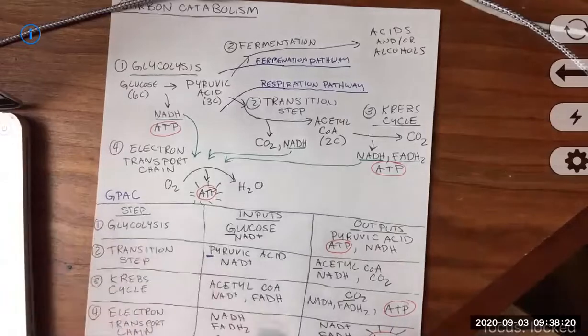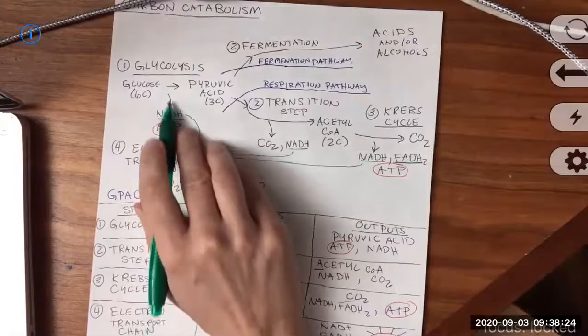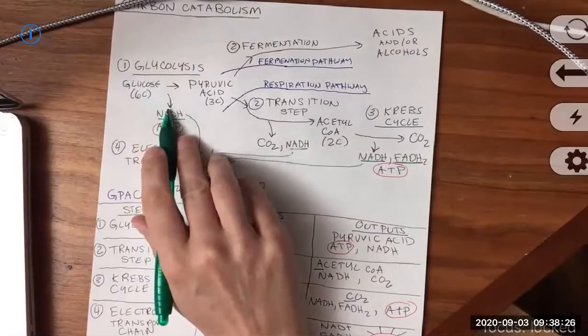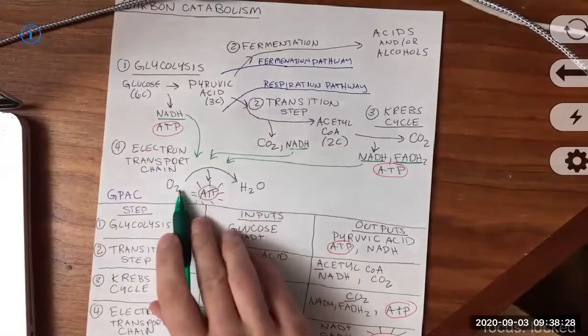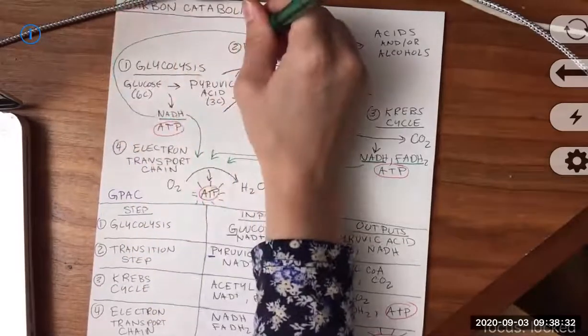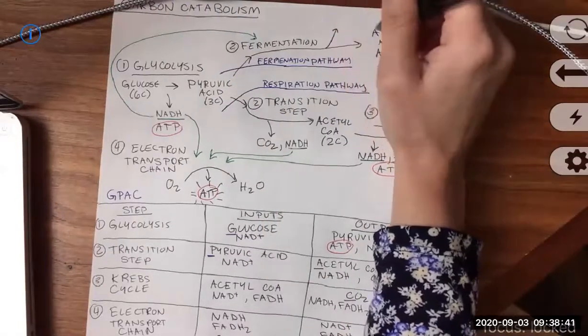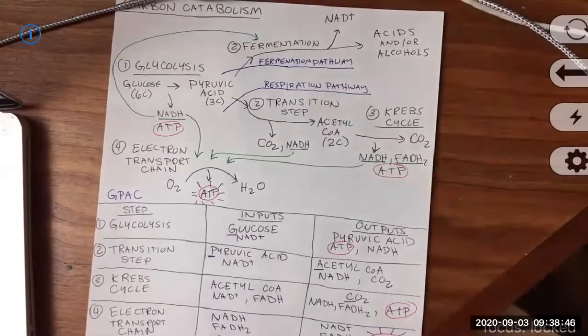This process is going to require NADH. And so this NADH molecule that was generated during glycolysis, instead of going to an electron transport chain, the NADH is going to come here and participate in fermentation. And it will donate electrons, regenerating NAD+.